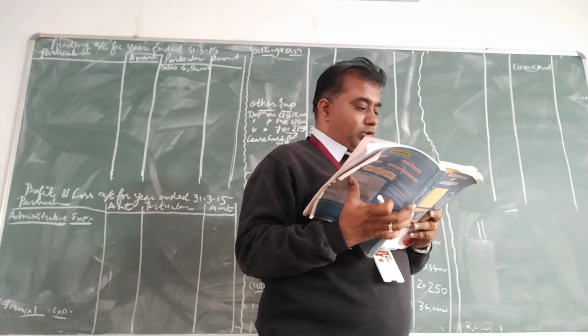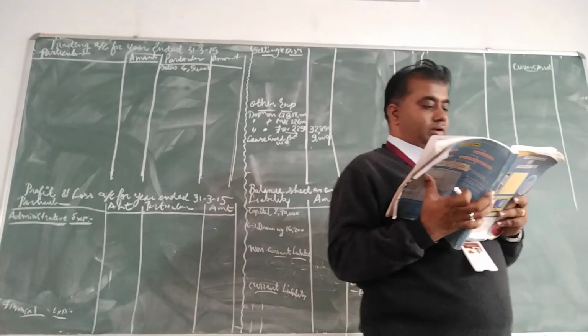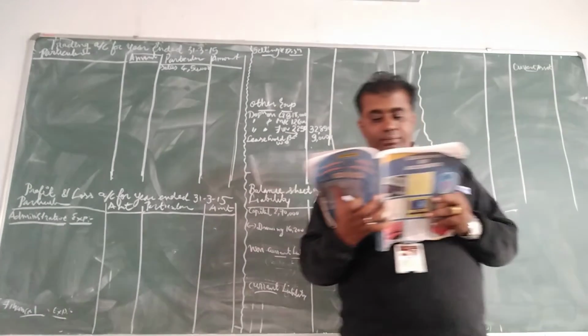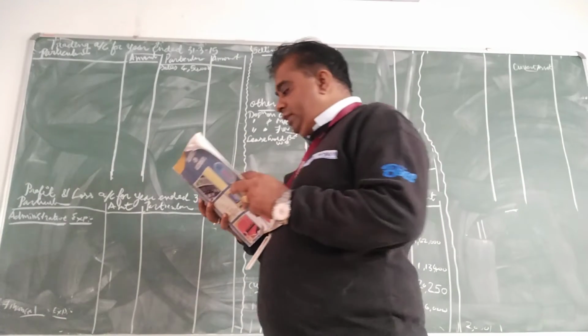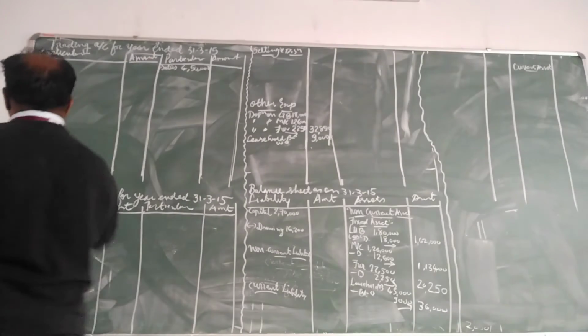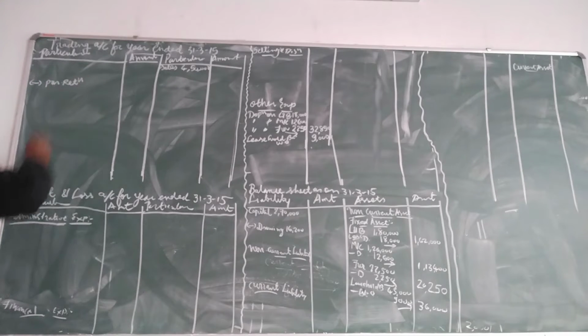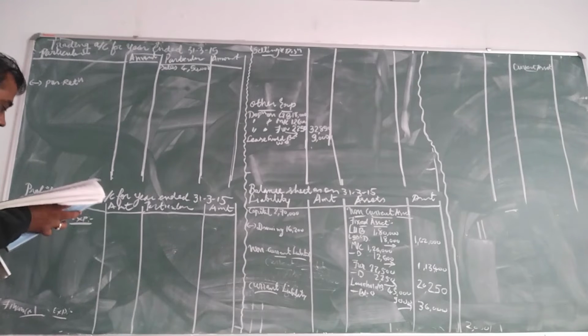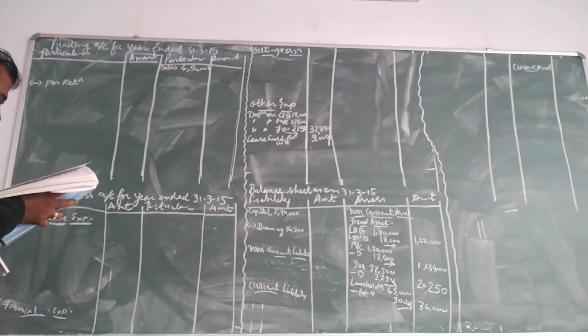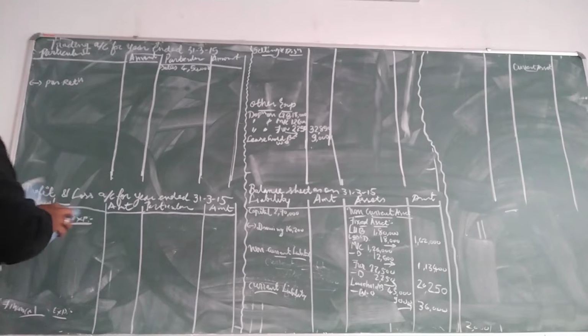Then we proceed further. Purchase return. Okay, purchase return is 10,800. So we write, giving some space, minus purchase return 10,800.